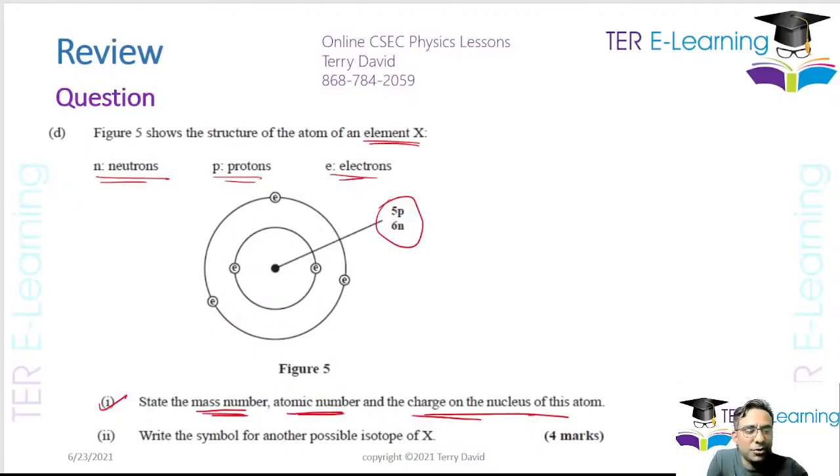All right, I've seen you all saying 11. To get the mass number, all we need to do is add up the number of protons and neutrons. So my mass number is simply equal to 5 plus 6, and you're going to get 11. So my mass number is 11.